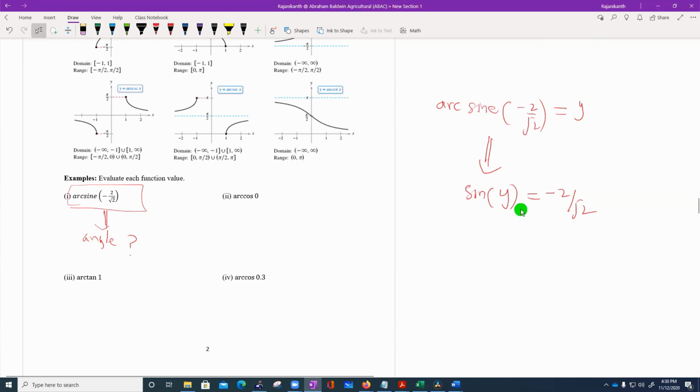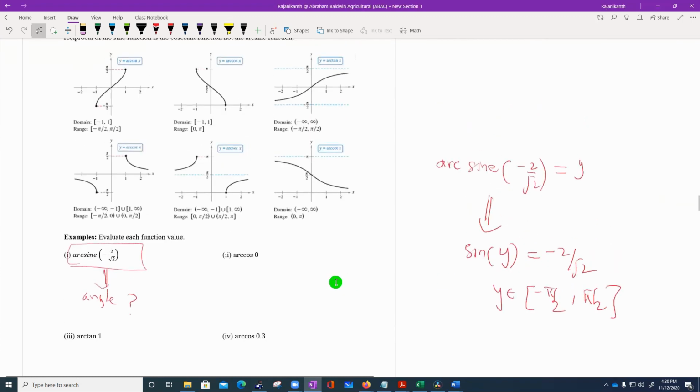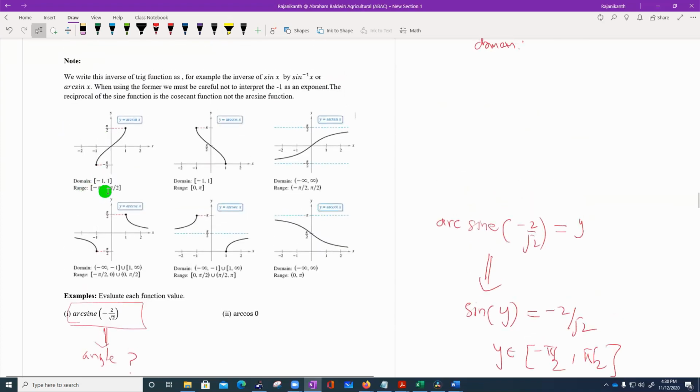But remember, your y should be between negative pi over 2 and pi over 2, because we restrict our range for the sine.